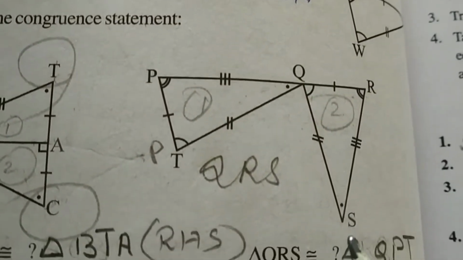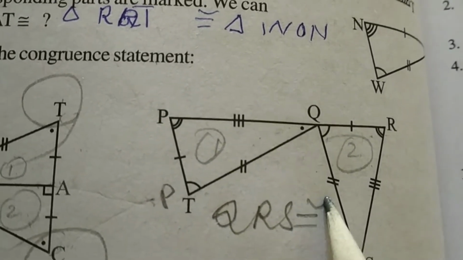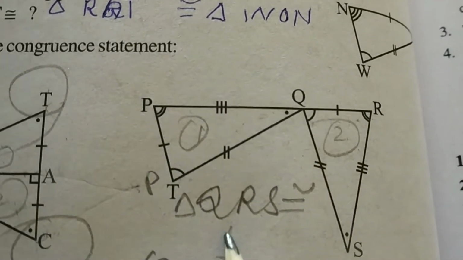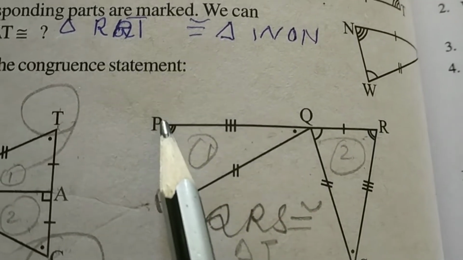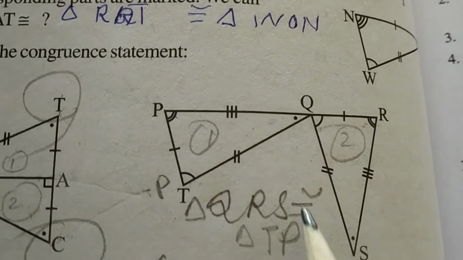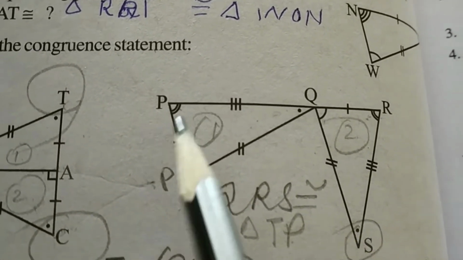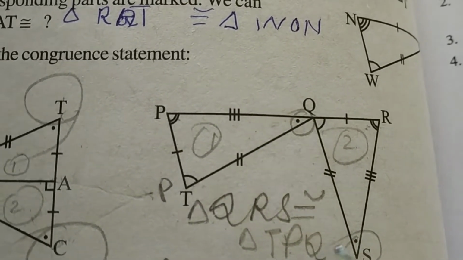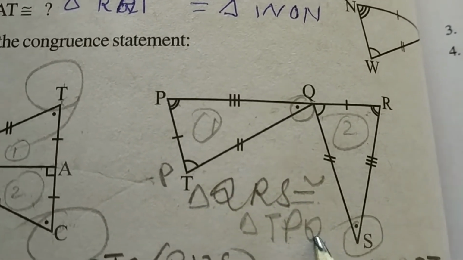Now we can say QRS is congruent to a triangle. For this, Q and T are equal, so we can write the triangle T. Then R is here, so TP. These two triangles are equal to each other. So P will be there. Then QRS. So we can write Q. So we can say QRS is congruent to triangle TPQ.